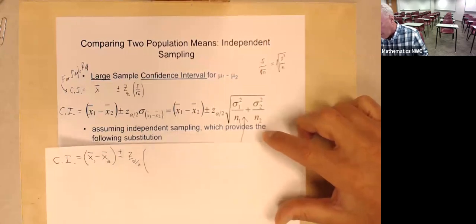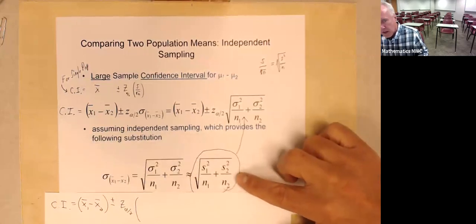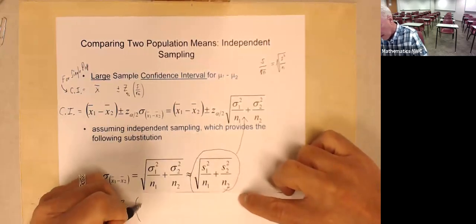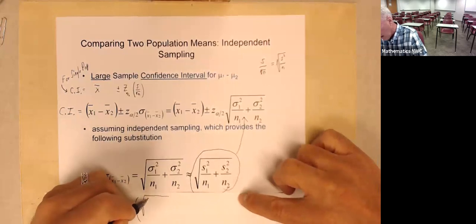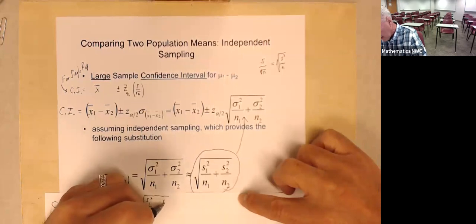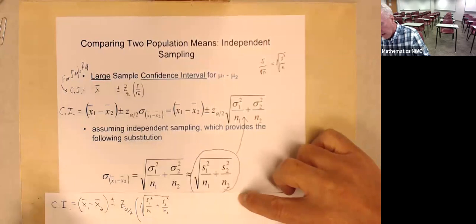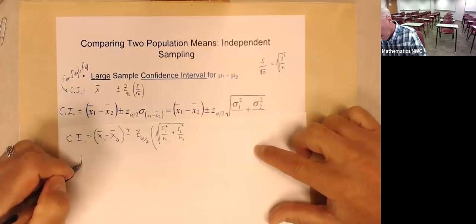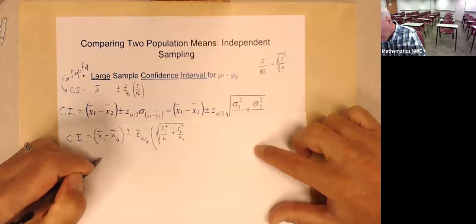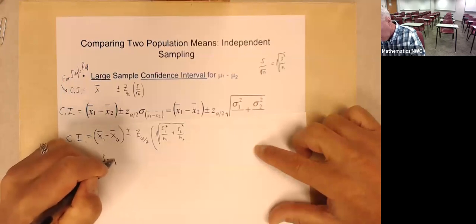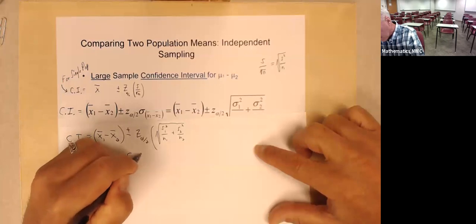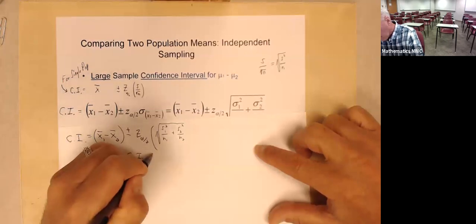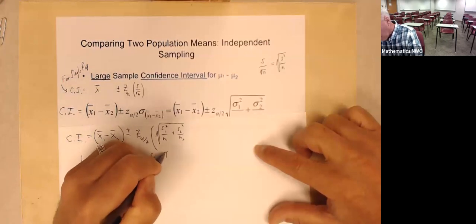And now I'm going to put this expression in here. So it's going to be the square root of S1 squared over N1 plus S2 squared over N2. That's my formula for a large sample confidence interval for two populations.